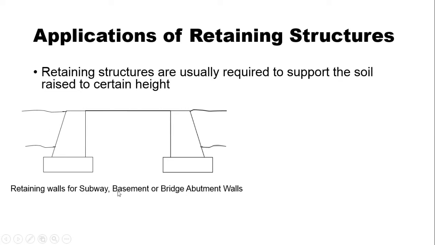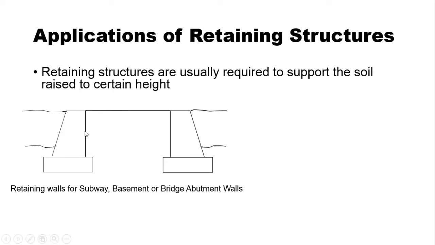Another example can be basement walls, where we require to provide parking. Basement walls are connected at the top with the floor slab above. One more example we can see in case of bridges, where the bridge abutment walls retain the soil behind them and then the deck slab is connected at their top.